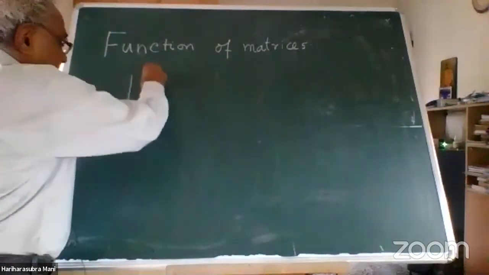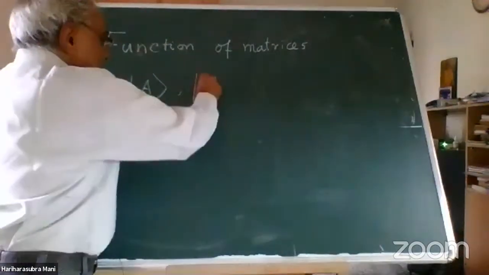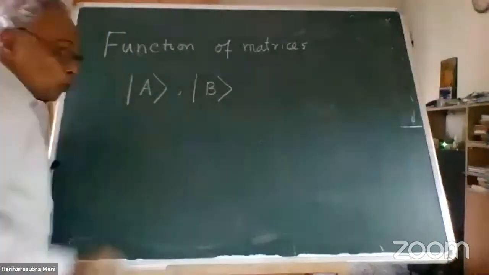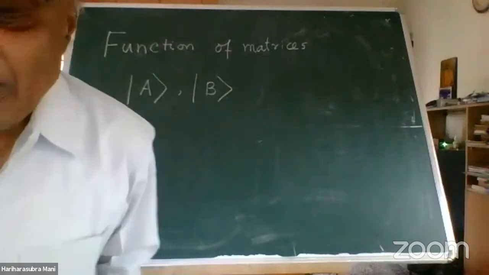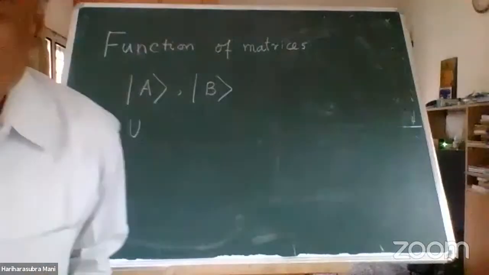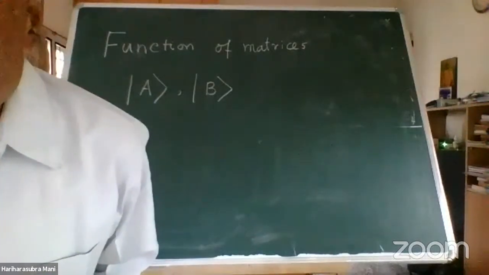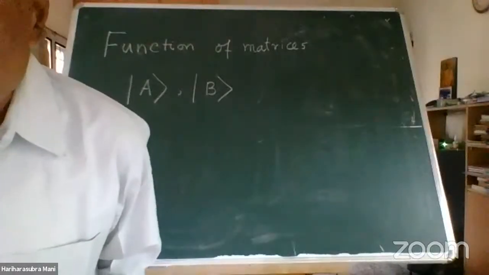State, I will write it like this, and another one like this. U is an operator, right? A unitary operator. And what is the statement? Unitary operator U acting on A and B, is a scalar product of A and B.